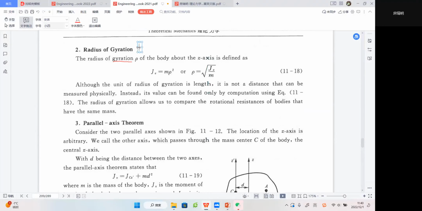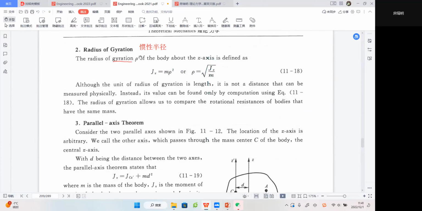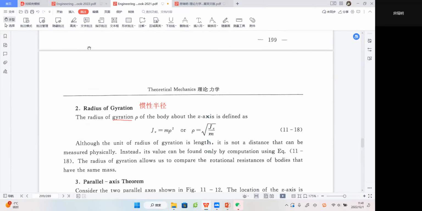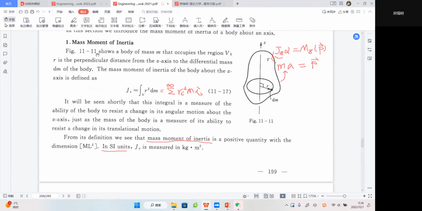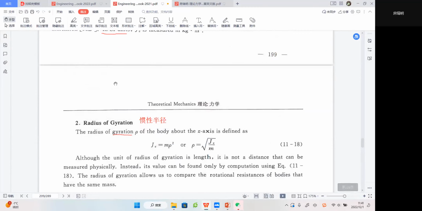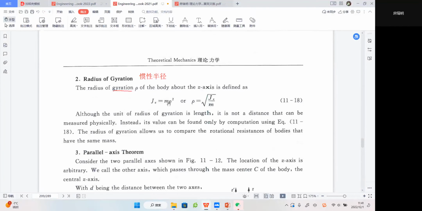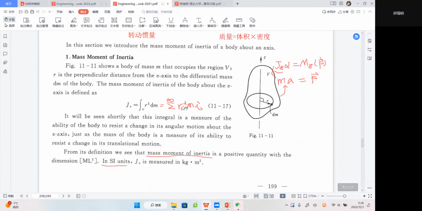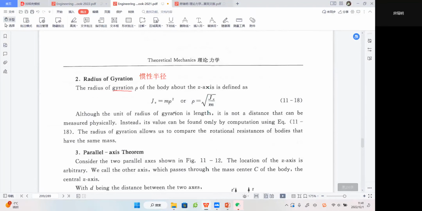We call that 惯性半径. So if we know a body's radius of gyration rho, that means its mass moment of inertia, MMI, Gz will just equal m times rho squared, more like this part, m r squared, right? Then actually rho will equal the square root of Gz over m.